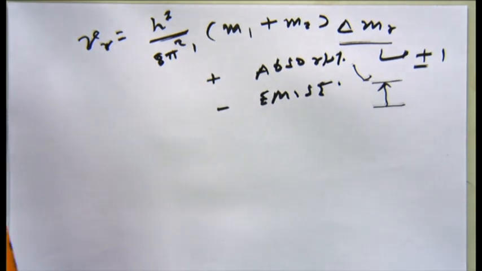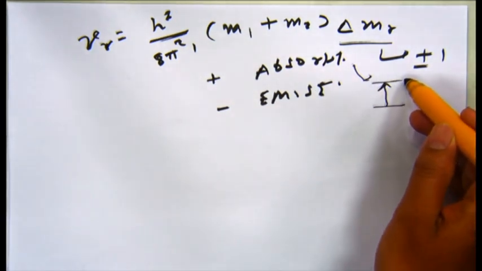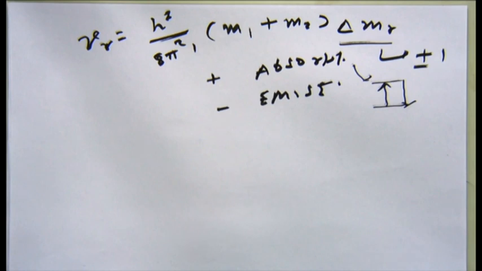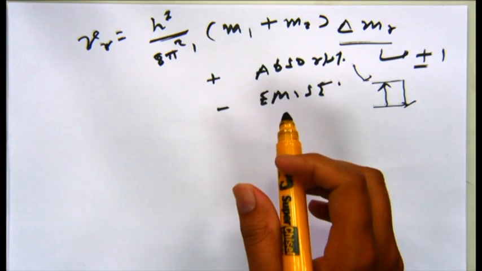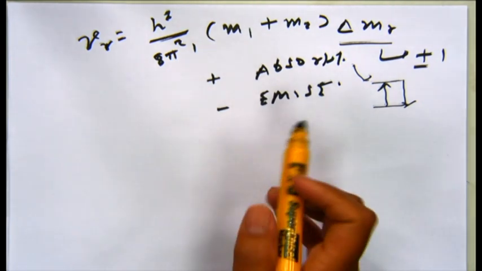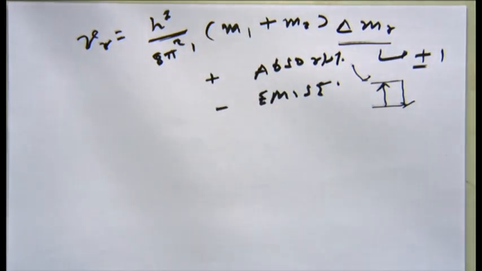If the opposite takes place, meaning the atom is already in a higher energy level ER2 and then makes a transition to the lower energy level, then the atom or molecule is losing its own energy, and that's why this is called emission. From the point of view of the molecule, this energy is lost by the molecule, so it is represented by a negative sign.